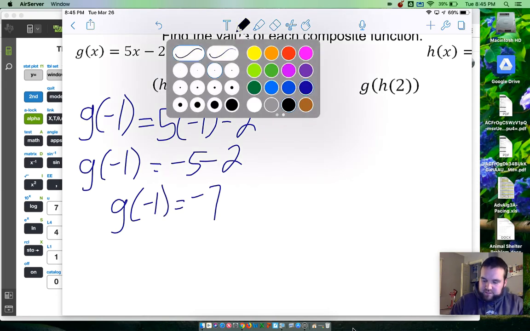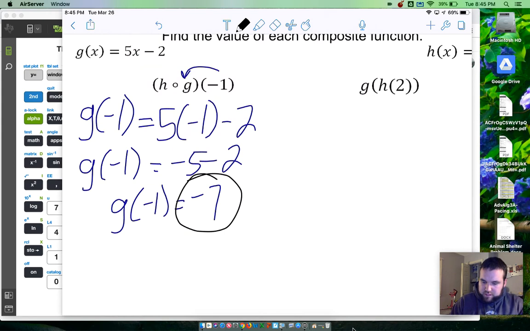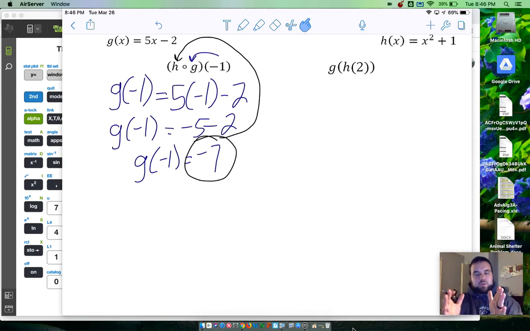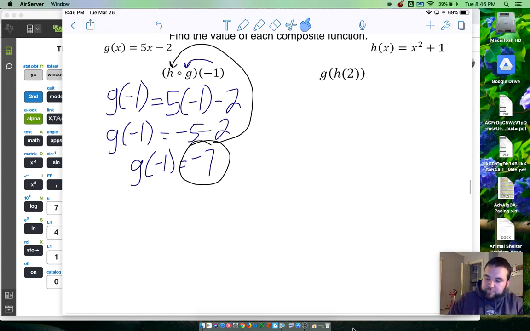Now this is my answer. I'm going to take that number and plug it into h. So we take the answer from the right-hand function and plug that in as the input for the h function.